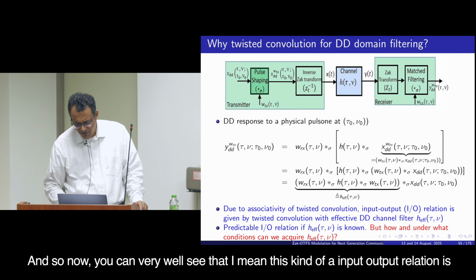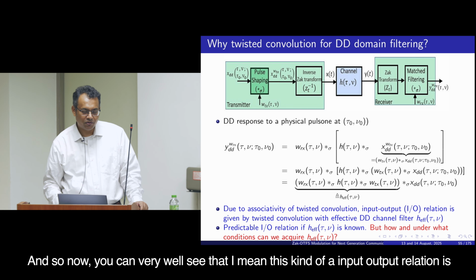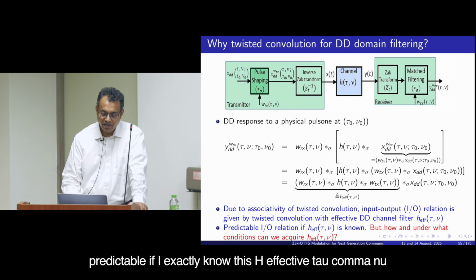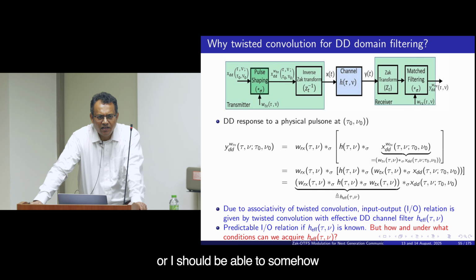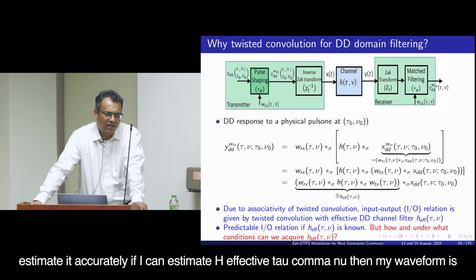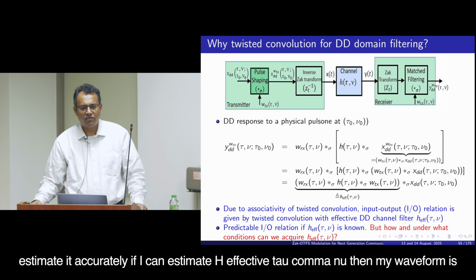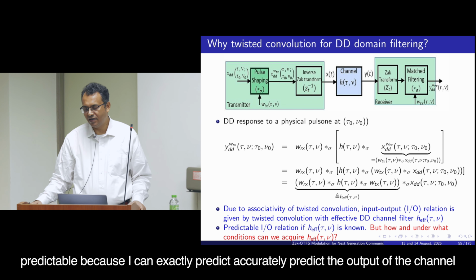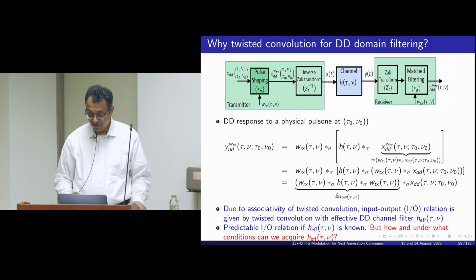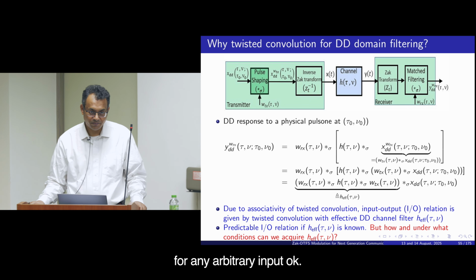And so now you can very well see that this kind of input output relation is predictable if I exactly know this H effective tau comma nu, or I should be able to somehow estimate it accurately. If I can estimate H effective tau comma nu, then my waveform is predictable, because I can accurately predict the output of the channel for any arbitrary input.